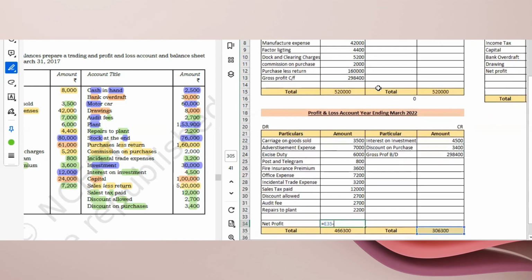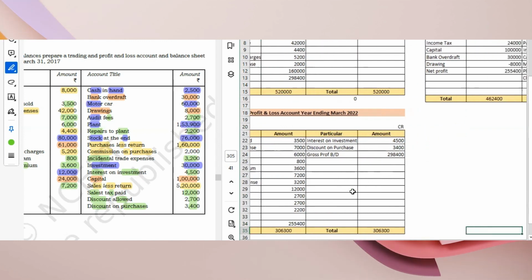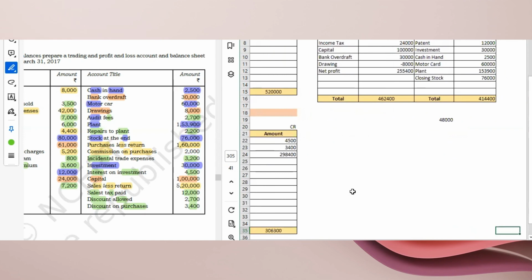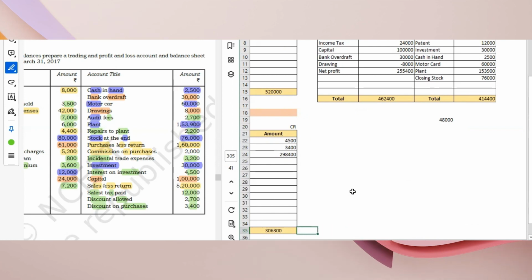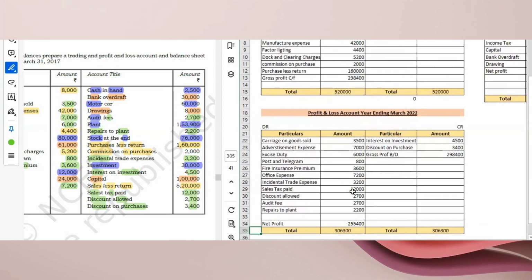Now this minus 5,900, total of all this. Okay, total of all this. So still there is a 48,000 difference. Why am I getting a difference? We have to see whether I missed something or considered it or not.